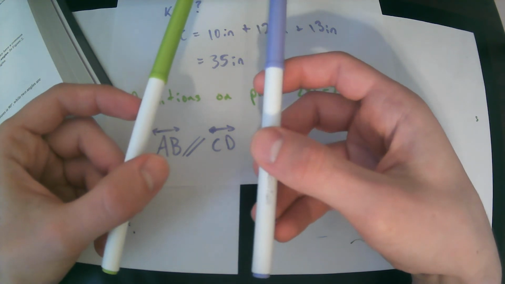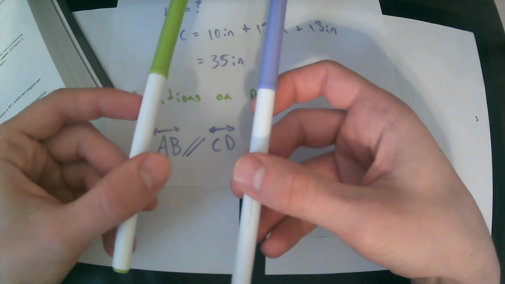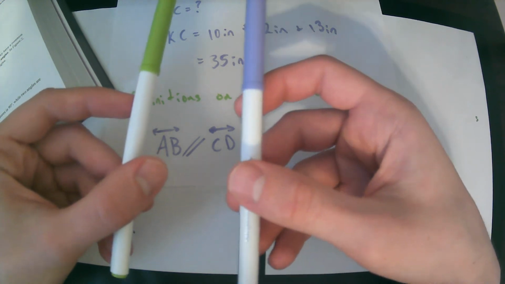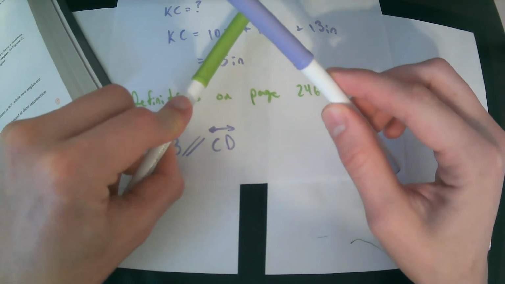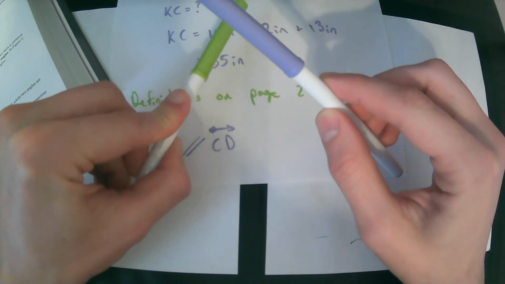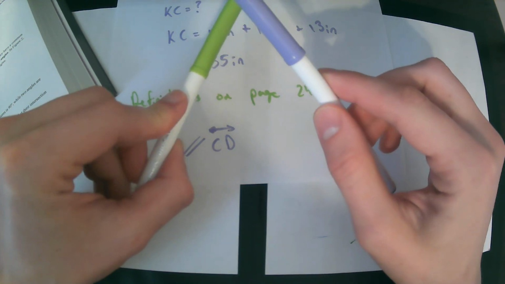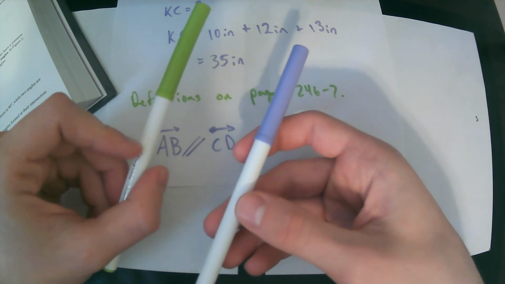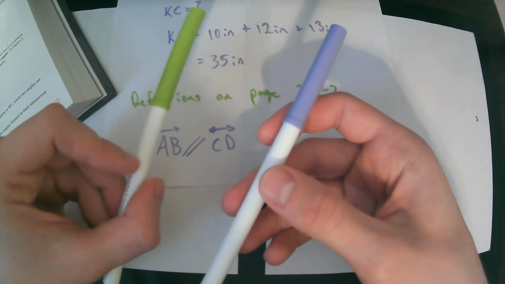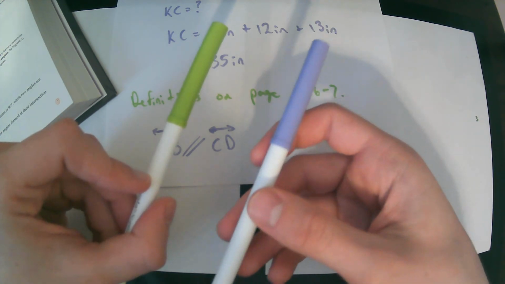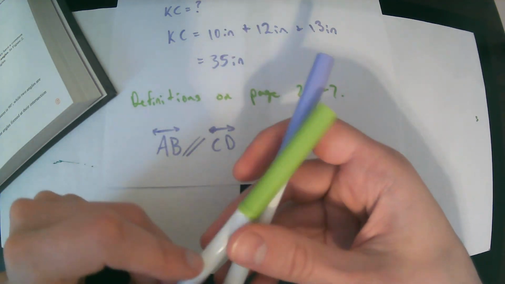So that's why there's that little stipulation there in the definition about the two lines needing to be in the same plane, because we don't want this kind of thing to mean parallel. That's something different, right? When they're in the same plane and they're parallel, we can do a lot of different things with them. There's lots of theorems and postulates about two parallel lines in the same plane.